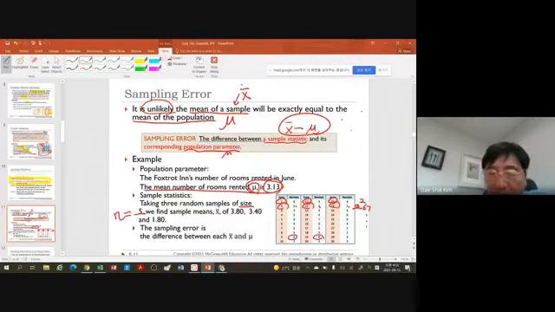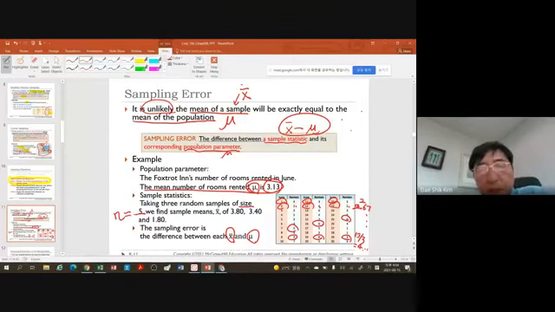If you choose this one, 4 plus 6 plus 3 is 13 divided by 3 is 4 point something. So when you choose this plus this plus this, sometimes very low, sometimes very large. The sampling error is the difference between x bar, the sample mean, and mu, the population mean. Population mean is one example of a population parameter. Sample mean is one case of a sample statistic.